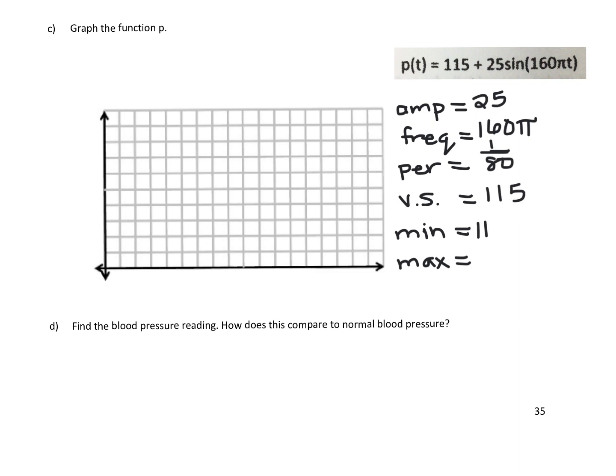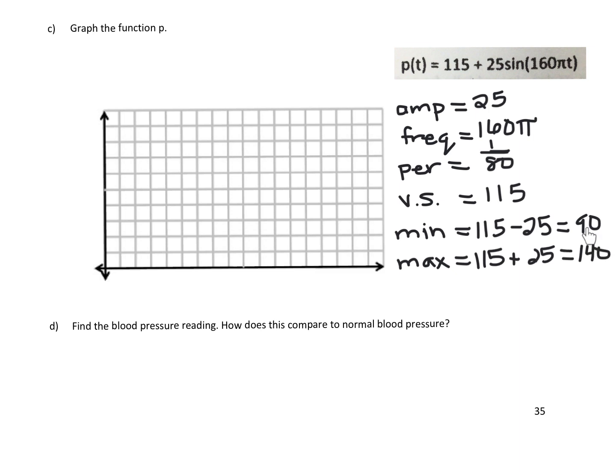So 115 minus 25, which is 90. And we know that the max is equal to your vertical shift plus your amp. So 115 plus 25, which is going to be equal to 140.